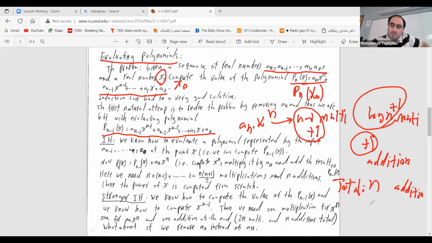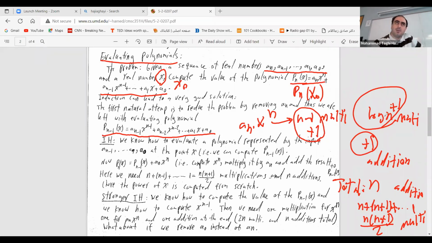And the total multiplications would be the sum of the numbers n plus n minus 1 plus and so on down to 1. This sum is actually n times n plus 1 over 2. This is the multiplication.